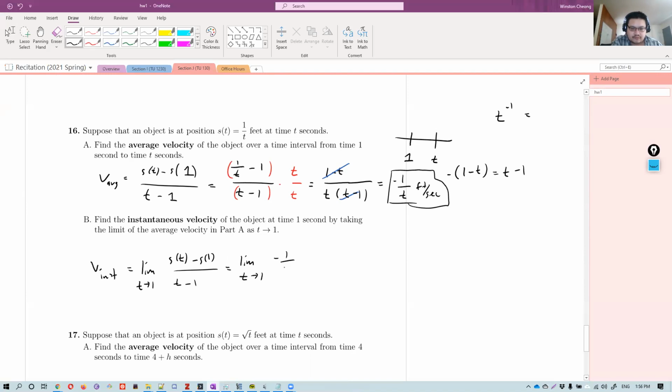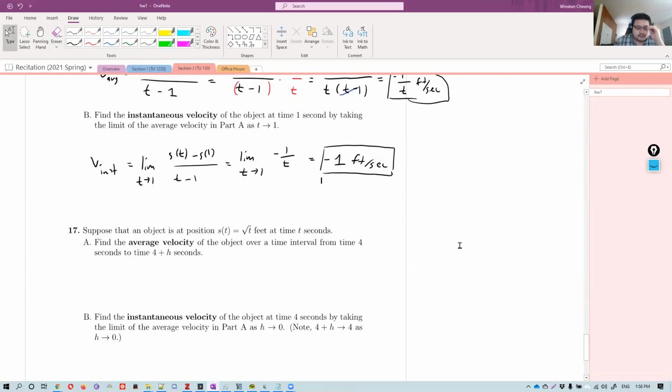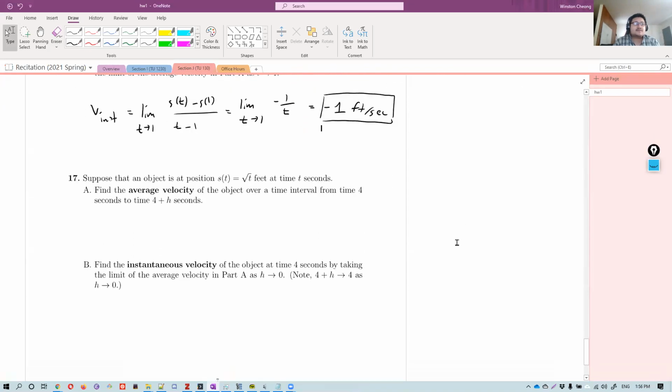So we have -1 over t. And certainly we can write down what that limit evaluates to, -1, and put down our units. So that should make sense, right?